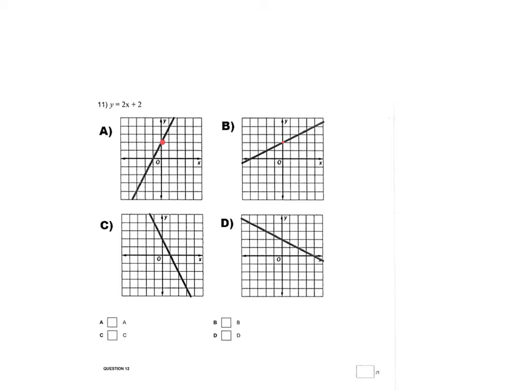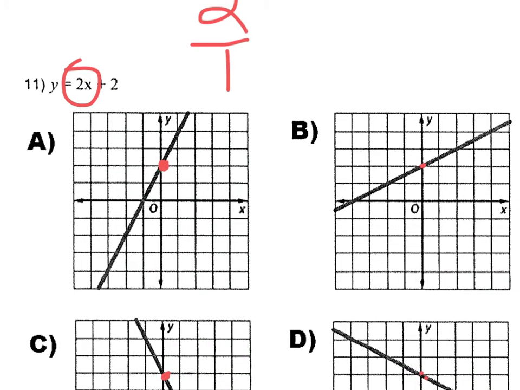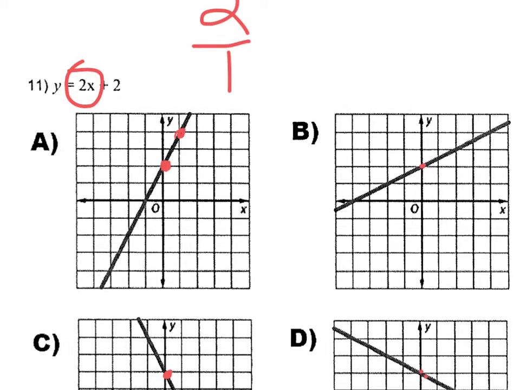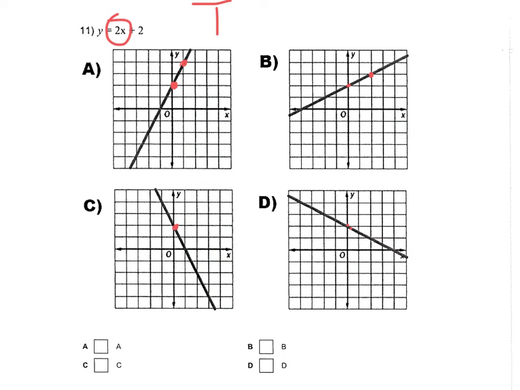Two, 2, 2, 2. These all seem to work. So we want to look for a slope that is 2 or 2 over 1, really. So it needs to rise up 2 over 1. I'm going to make some points.